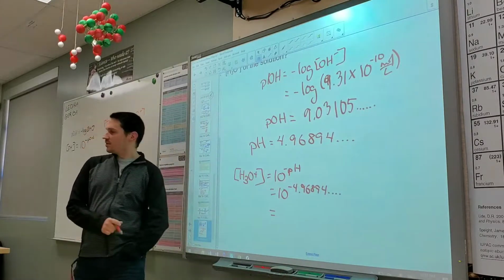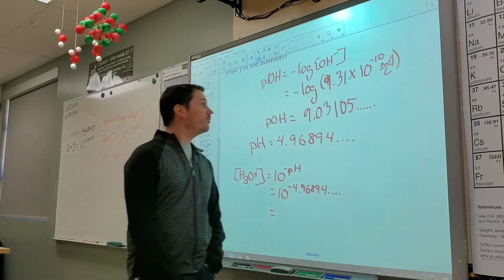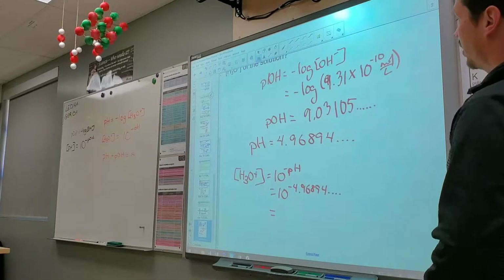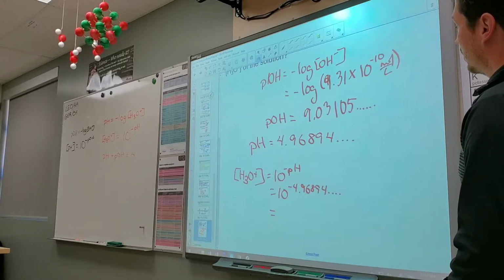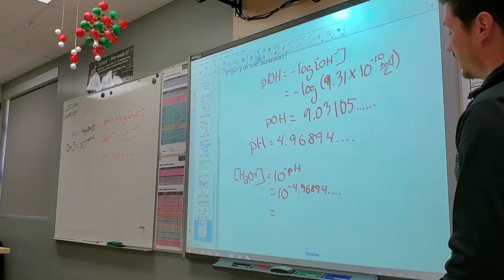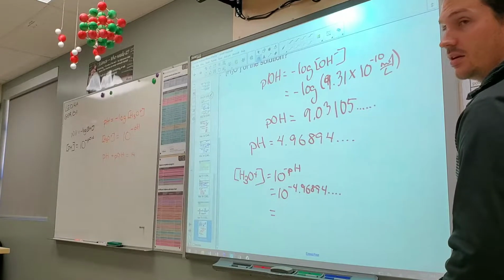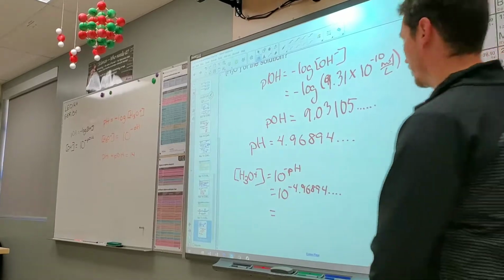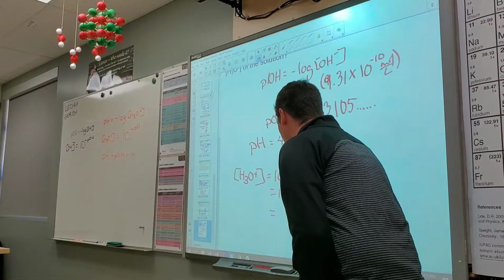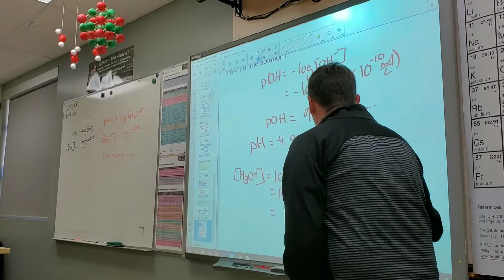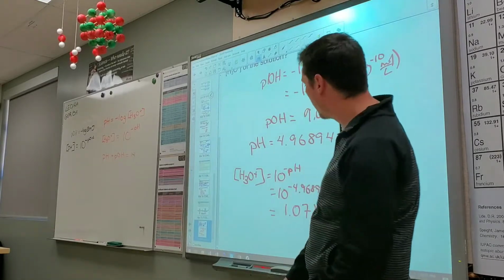So when you put this into your calculator, hopefully you get something like 1.01 times 10 to the negative 5. What is it? 1.07? Sure. 1.07 times 10 to the negative 5 moles per liter of hydronium.